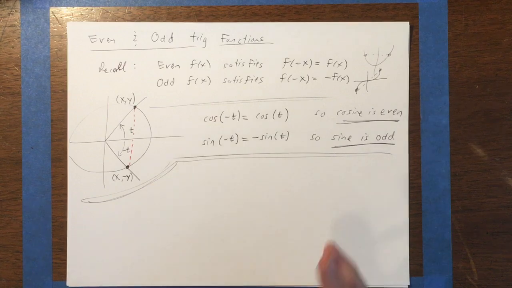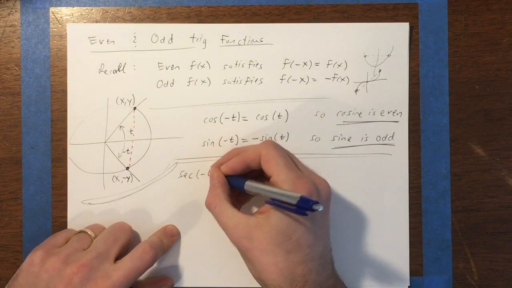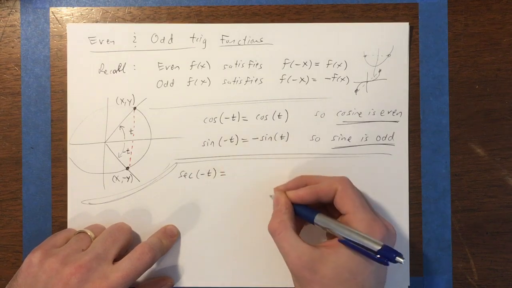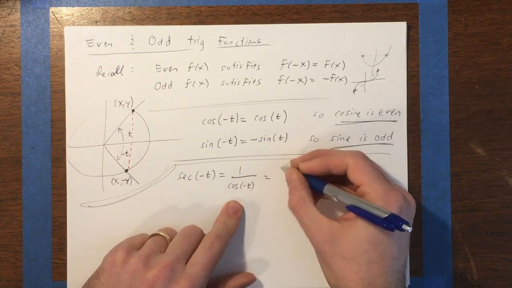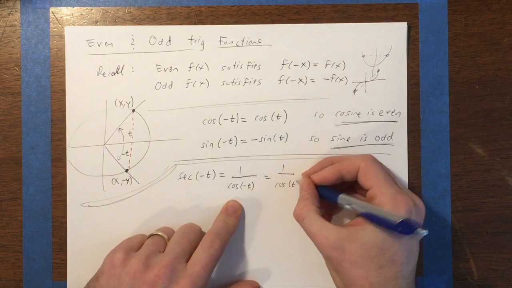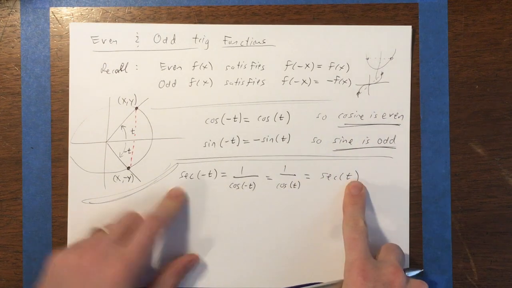So there's our first piece of useful information. Then combine that with all the reciprocal and the quotient identities we learned. So take, for example, secant. Let's see what secant of negative t is. Secant of negative t is 1 over cosine of negative t. Since cosine is even, it's 1 over cosine of positive t, which is equal to secant of positive t. So this shows secant is even.